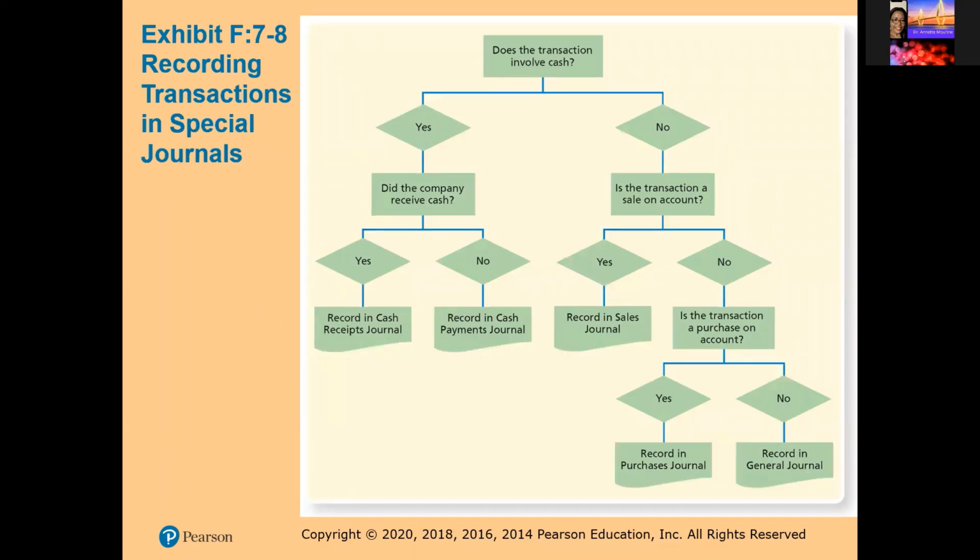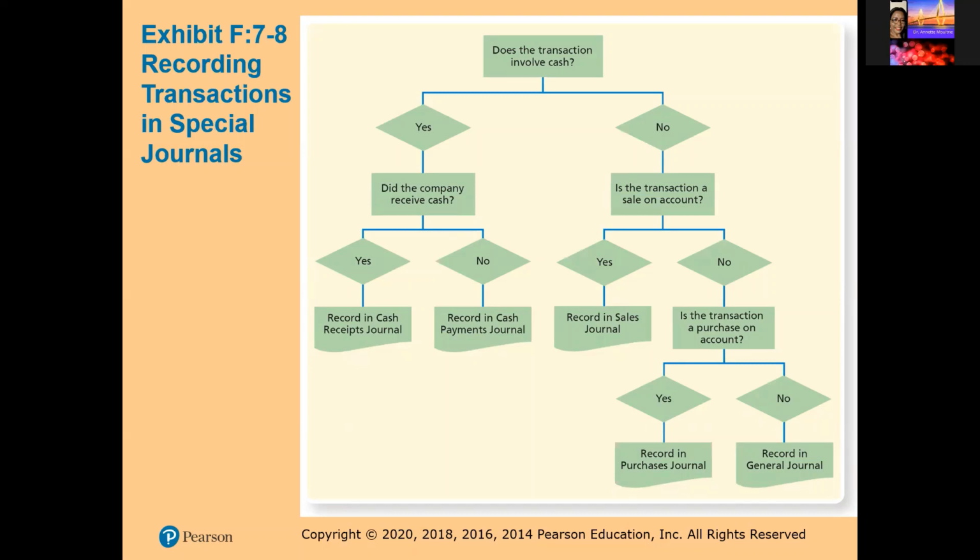As we have seen, a manual accounting information system involves 5 journals: sales journal, cash receipts journal, purchases journal, cash payments journal, and general journal.